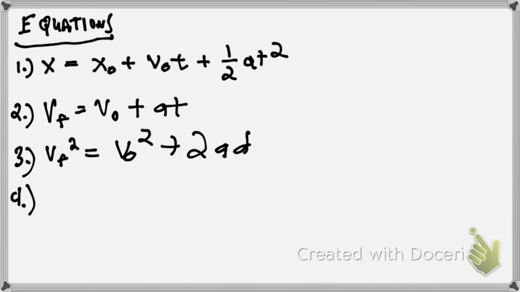And the fourth is just going to be v instantaneous, right? It's just going to be v final plus v initial divided by 2.